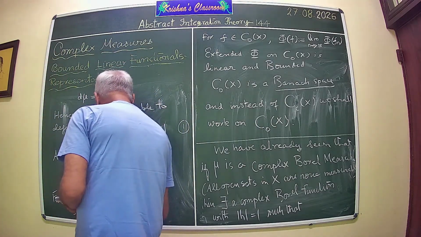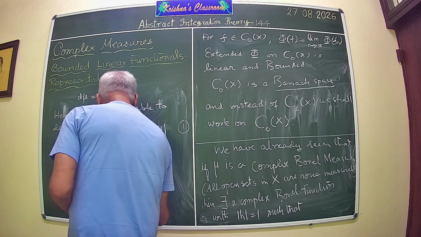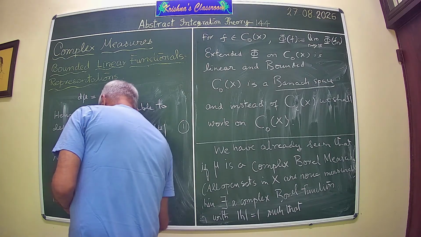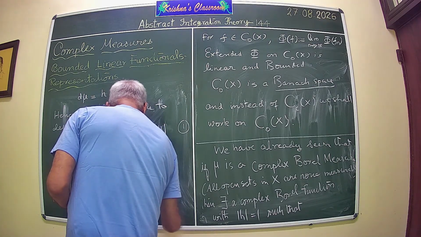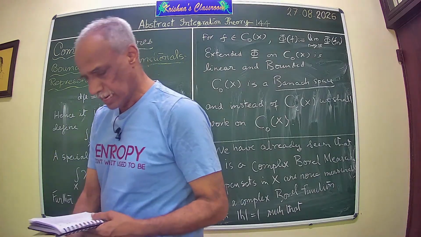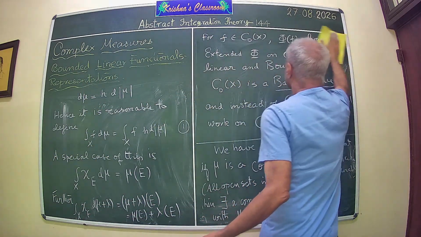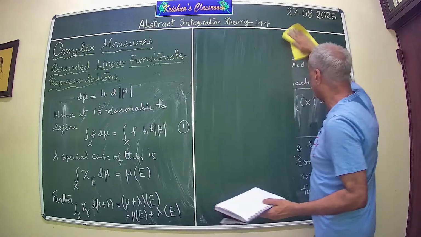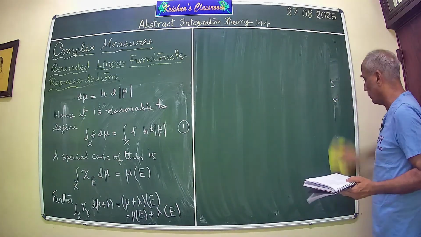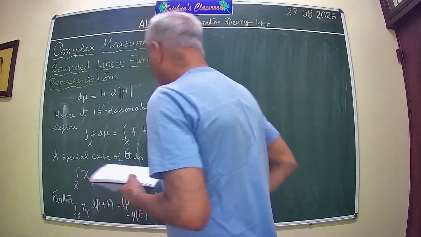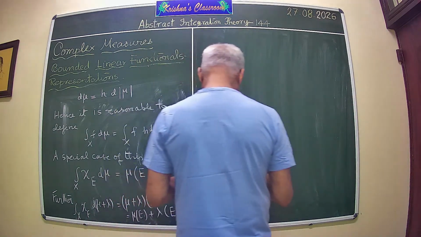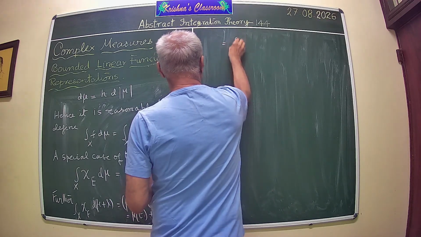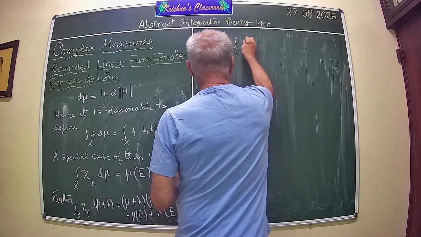This is equal to mu E plus lambda E, which is equal to the integral over X of chi E d mu plus the integral of chi E d lambda.